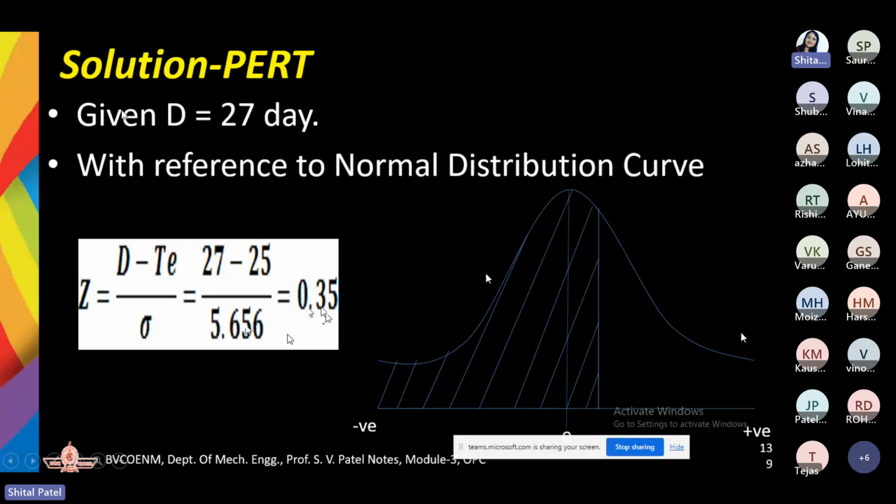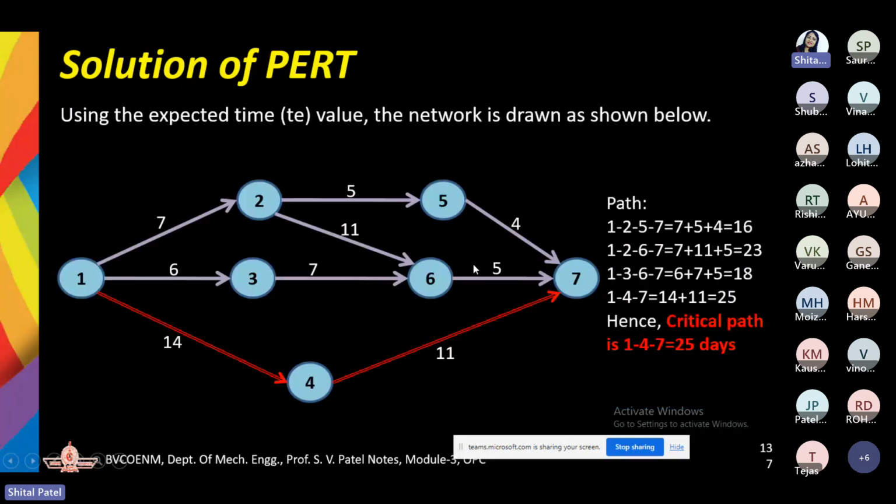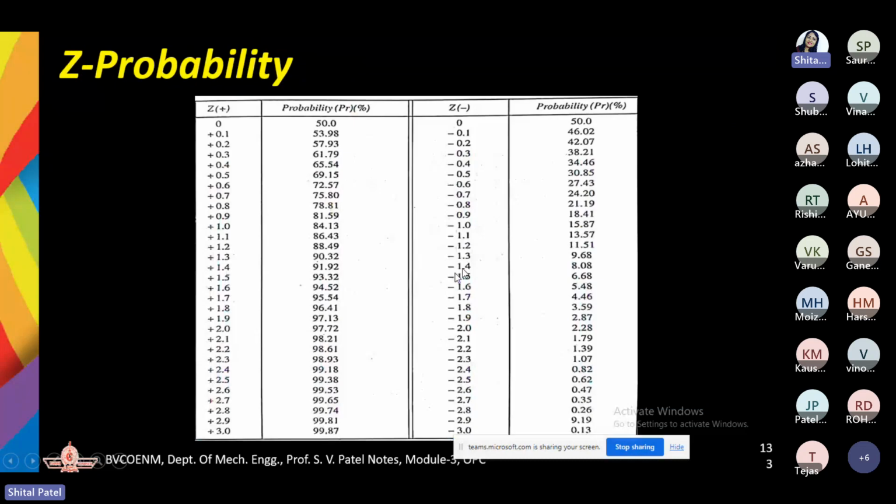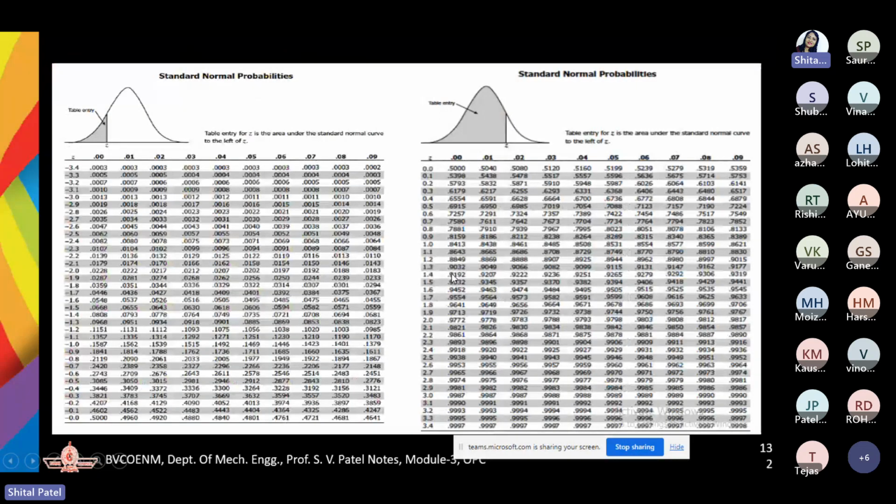Okay, so now from this 0.35, go to the table and find out what is the value. It is positive. We have derived this Z in terms of a positive value. So now if you can see over here in this chart, the Z values 0, 0.1, 0.2, 0.3. Can you see my arrow? Yes, ma'am.